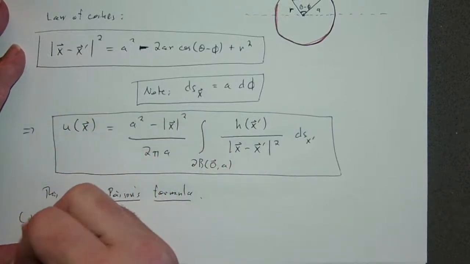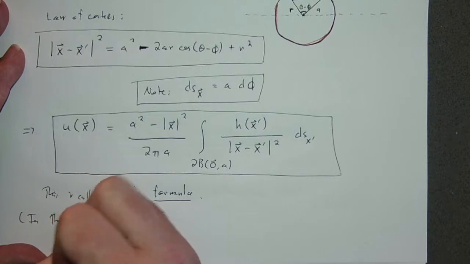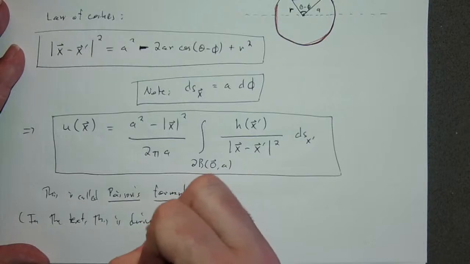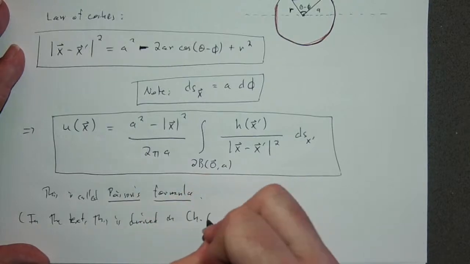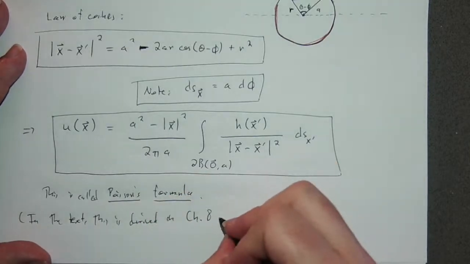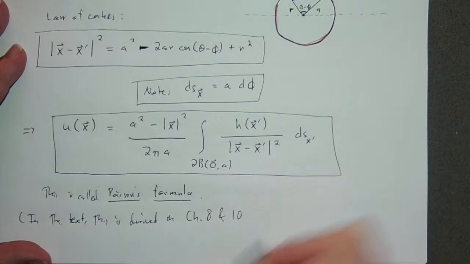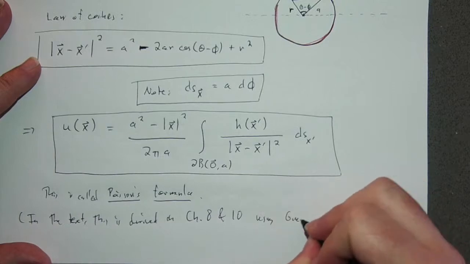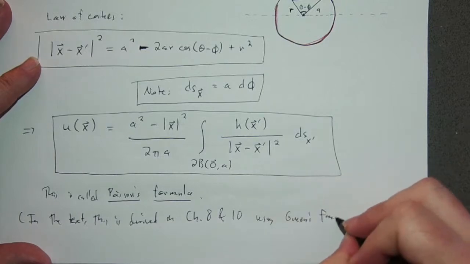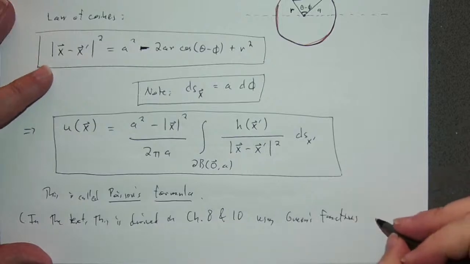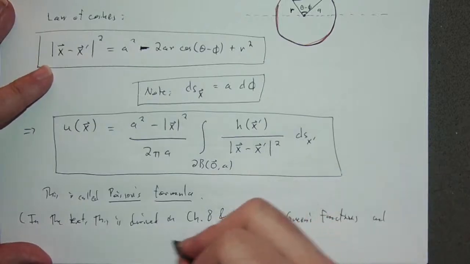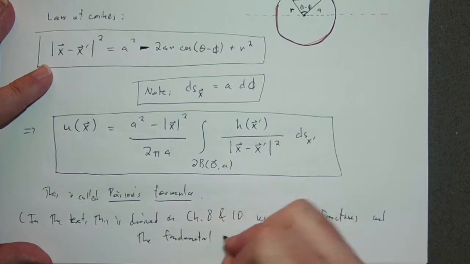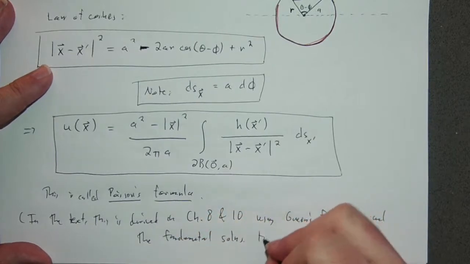In the text, this is derived in chapters 8 and 10 using Green's formula, or Green's functions, I should say, and the fundamental solutions to Laplace's equation.